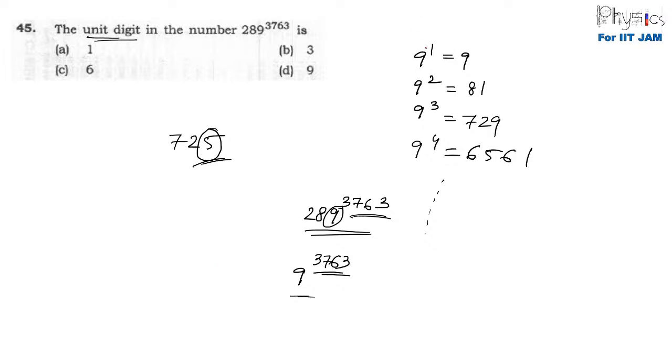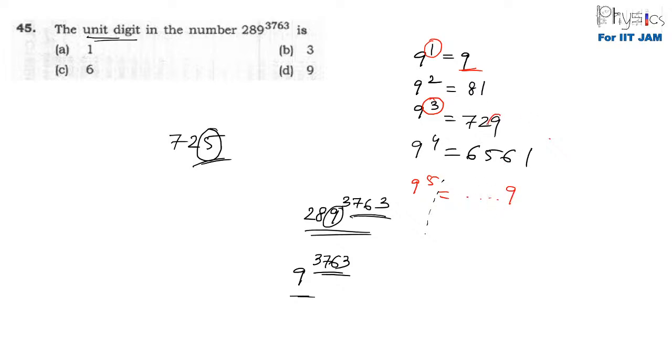See, if the power is odd number, it will give us 9. The unit digit is 9, right? See, 1, 3. If we calculate 9 to the power 5, it will also give us 9.